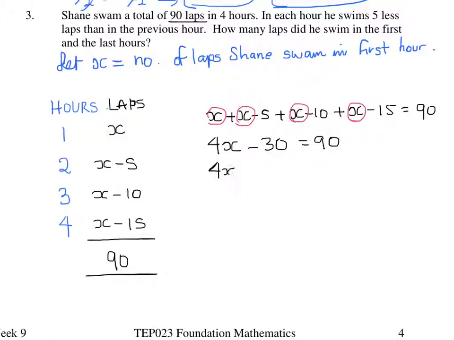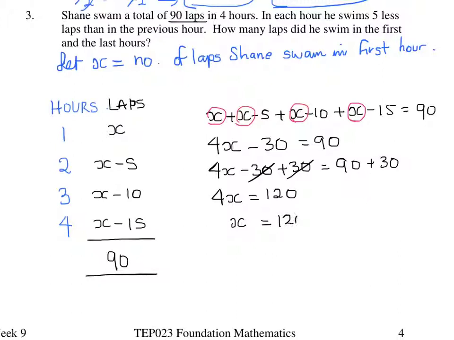So undo the minus 30 by adding 30 to both sides of the equation. Negative 30 plus 30 disappears on the left-hand side, so we've got 4x equals 120. So now to find x, let's divide both sides by 4. So 120 over 4, x is equal to 30 laps.